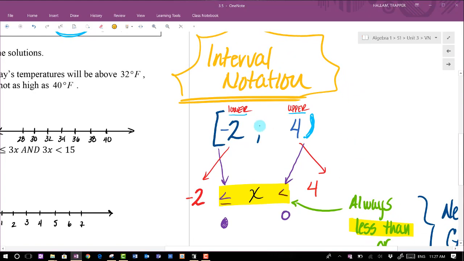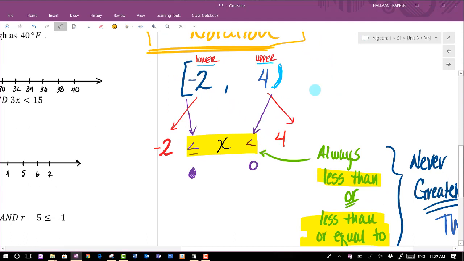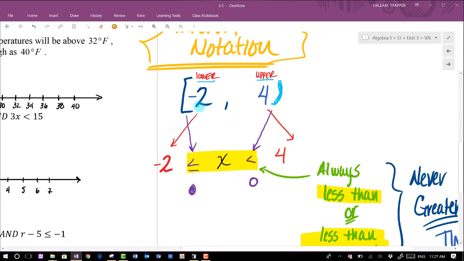What this would translate to is that this is an interval with a low boundary and upper boundary, and our brackets decide if it's included or not included. Well, how does that look in this inequality notation? Well, -2 is our low boundary, you can see it here. 4 is our upper boundary, you can see it here. This bracket then would tell us that it's less than or equal to, because these would always be less than signs, right? Around our unknown or variable.